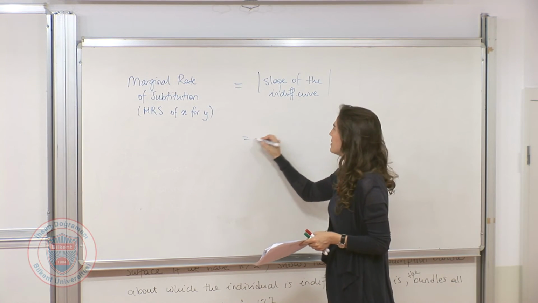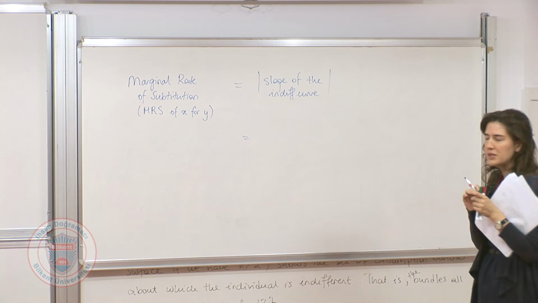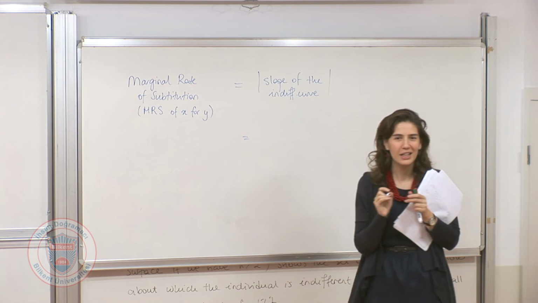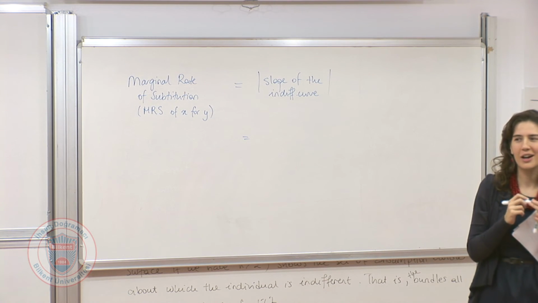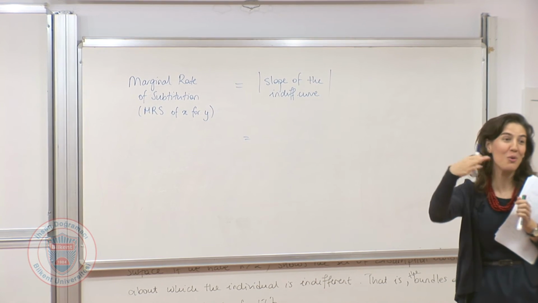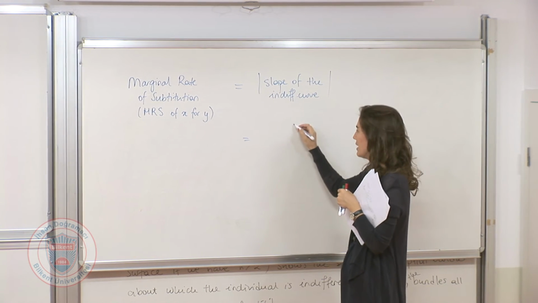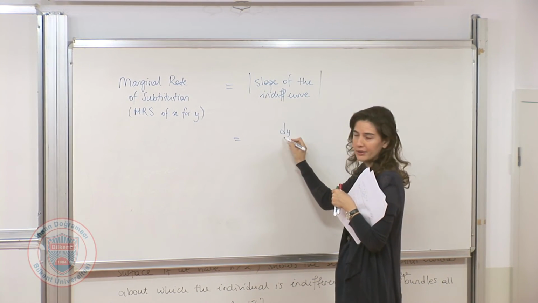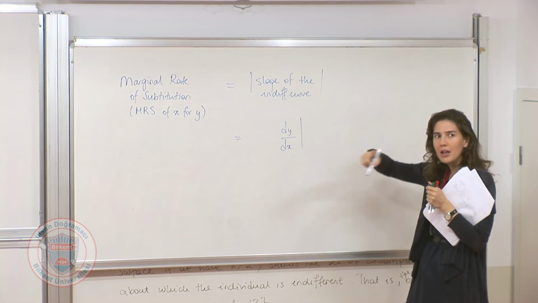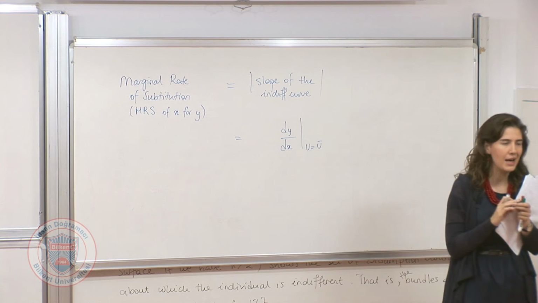So how can I write the slope of the indifference curve? If I want to write the slope of this curve, how would I write this in math terms? That's sort of high school, slope. The more fancy way of writing slope is dy over dx, but don't forget that along this curve you keep the utility level constant at u bar.